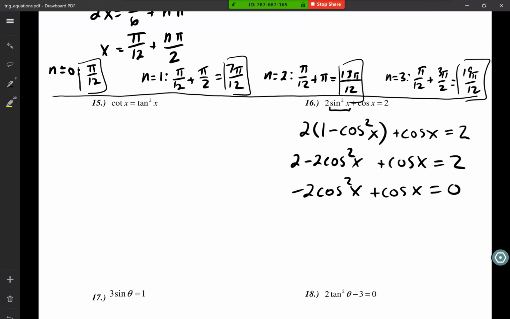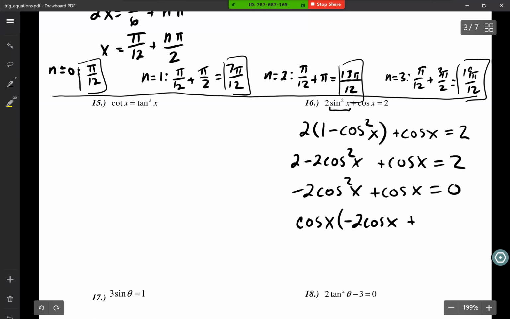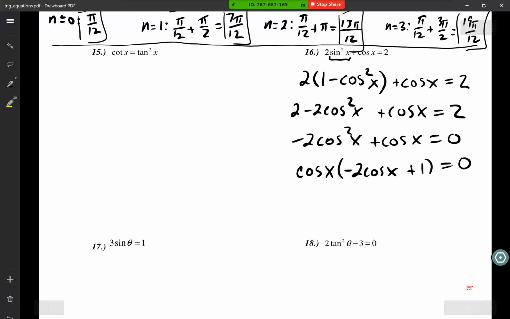And now I can factor out a cosine, and I'm left with cosine x times minus 2 cosine x plus 1 equals 0. Now that we have it factored, we can set each piece equal to 0. So we have cosine x is equal to 0, or minus 2 cosine x plus 1 equals 0.